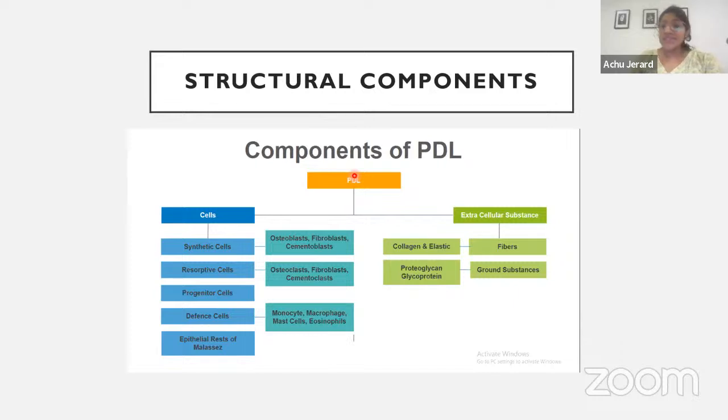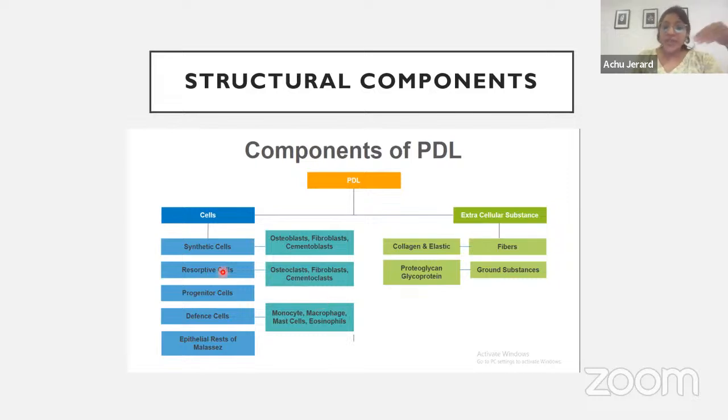Synthetic cells means osteoblast, fibroblast, cementoblast, all the formative cells, and the resorptive cells are osteoclast and cementoclast. Fibroblast is both a synthetic and a resorptive cell, because it forms the collagen fibers and also degrades collagen that is dead and decomposed. So it has all the functions.